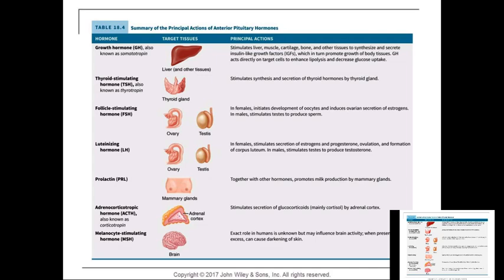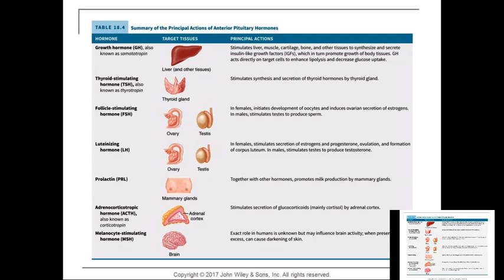So when luteinizing hormone spikes, it's symbolic of the time of ovulation, where the egg is pushed out. And there's a very short window of 24, maybe 48 hours where that egg can get fertilized. So in females, it stimulates the secretion of estrogen and progesterone and ovulation and the formation of the corpus luteum. And in males, it stimulates the testes to produce testosterone.